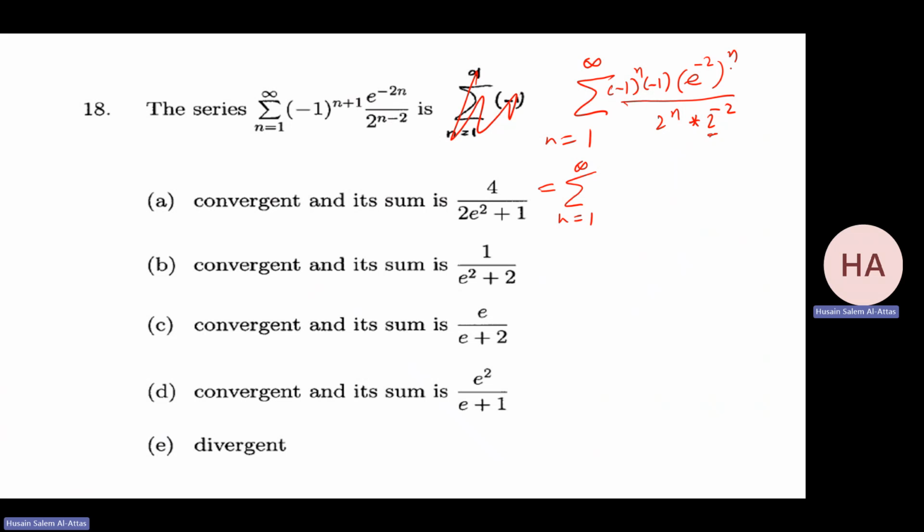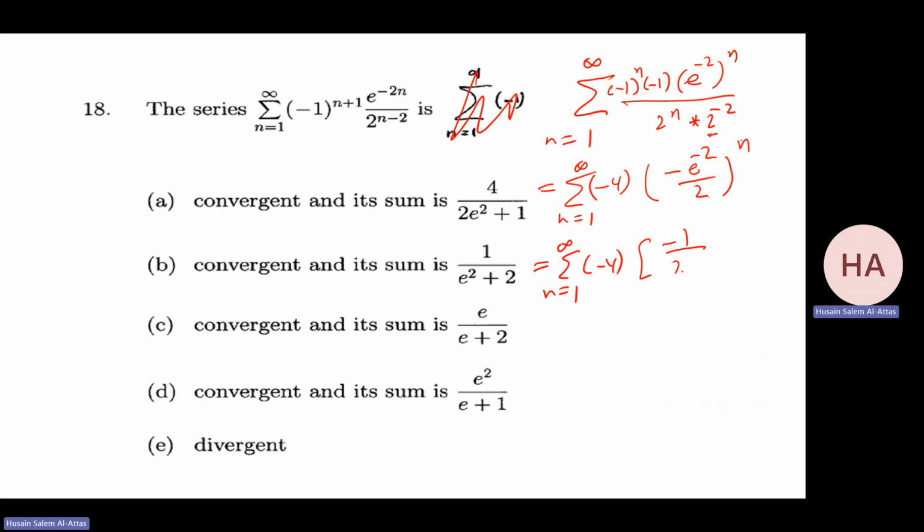Now this one will go up as minus 4. Then I combine everything in terms of to the power n. So it's minus 2 over 2 to the power n, and this one I can rewrite as minus 4. This one will be what?